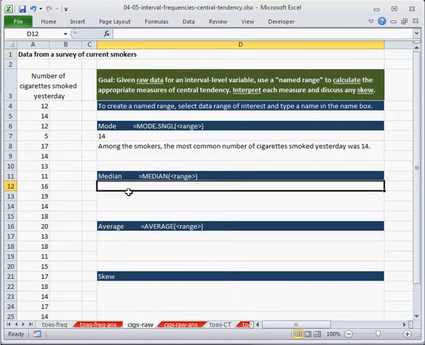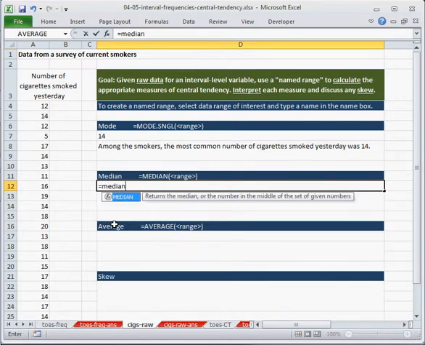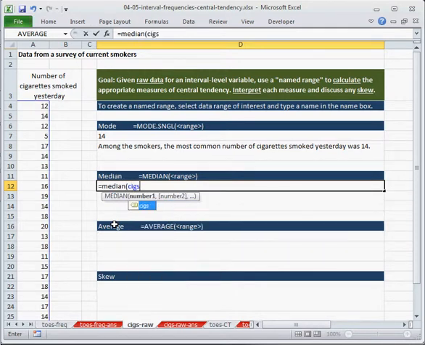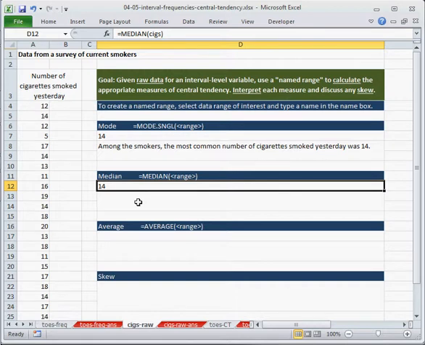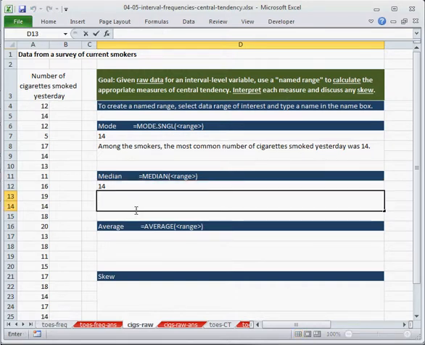The next one is the median, and as you might have guessed by now, the formula is just equals median. And now I can type in cigs. So the median also is 14. So the median is telling us something different.